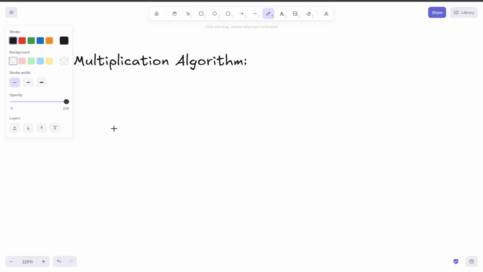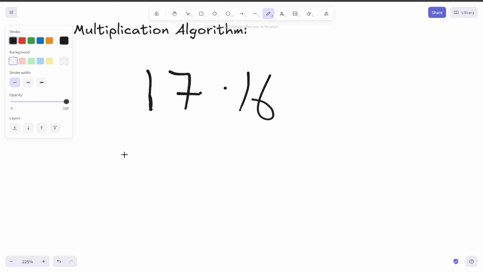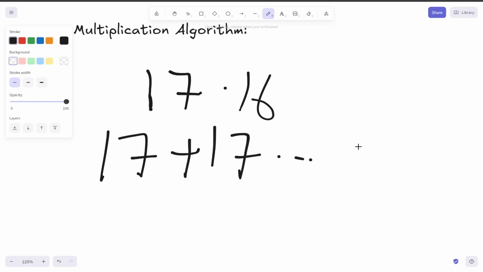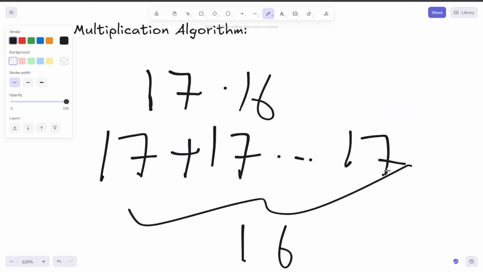So, for example, if we were to multiply 17 by, let's say, 16, it's pretty difficult to even begin thinking about, because if you go by the definition of multiplication that we were taught, it's going to be 17 plus 17 plus dot dot dot 17, with a total of 16 17s.